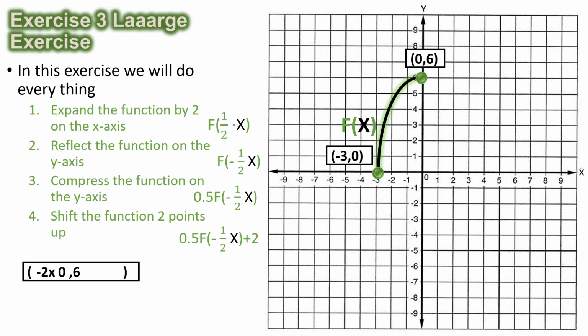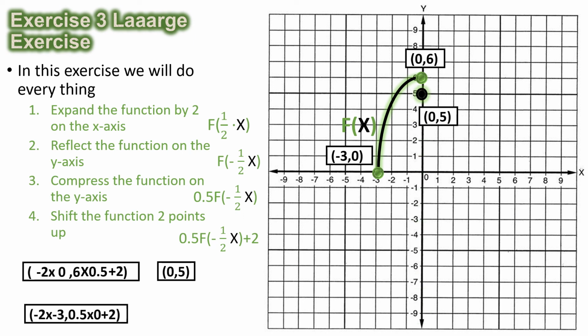Okay, for the y, we multiply by half, and then add 2. So the new point will be 0 and 5. Here. The other point, -2 times -3, this point, and 0.5 times 0 plus 2. The new point will be 6 and 2. Here.